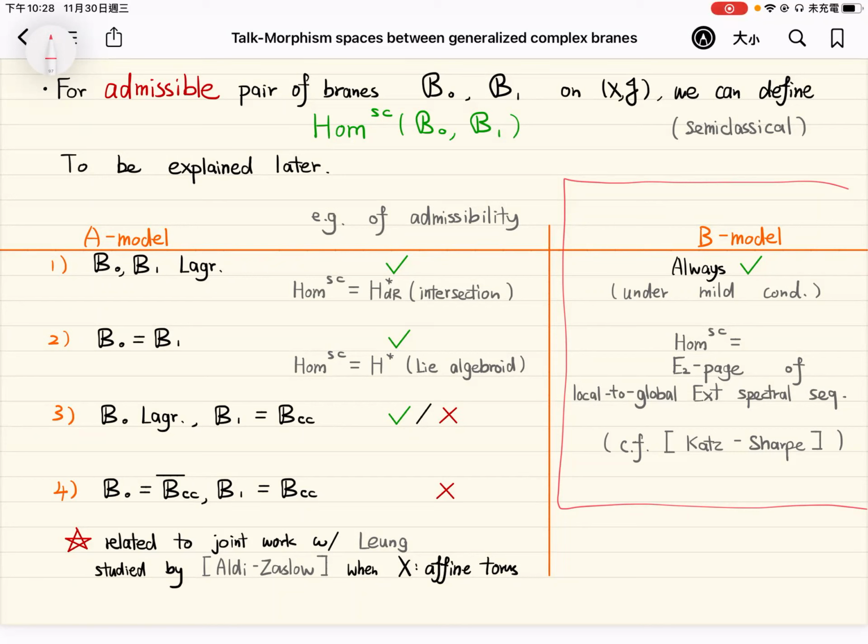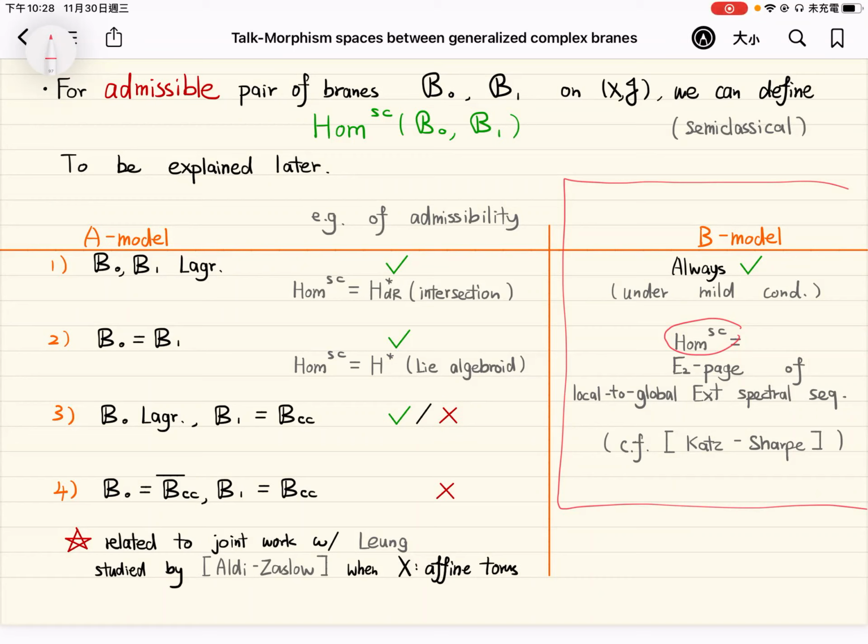By mild condition, I mean that the intersection of the two branes, of the support of two branes, should be a clean intersection. And our constructed Hom for this pair of B branes will give you the E2 page of the local to global Ext spectral sequence for the real honest Hom, the global extension group. One can also refer to the work of Kashiwara there.